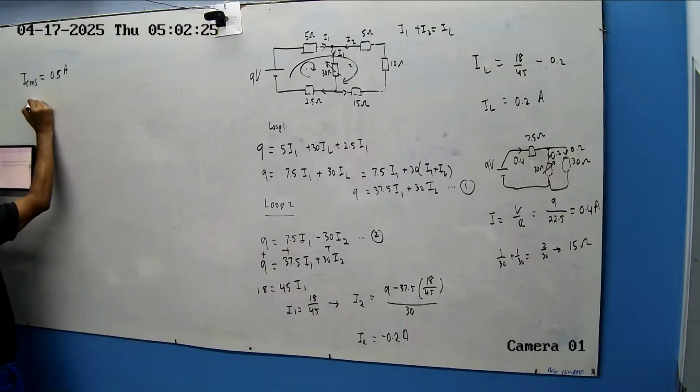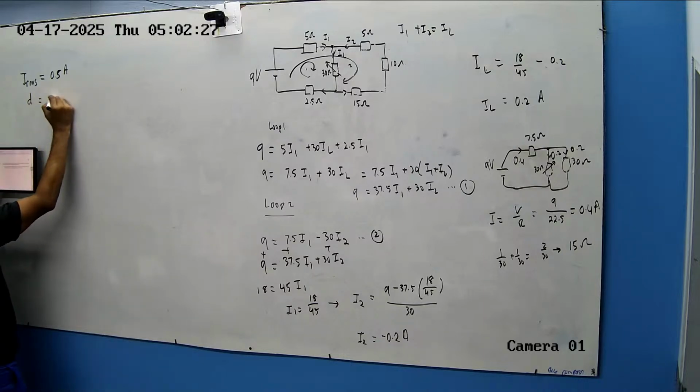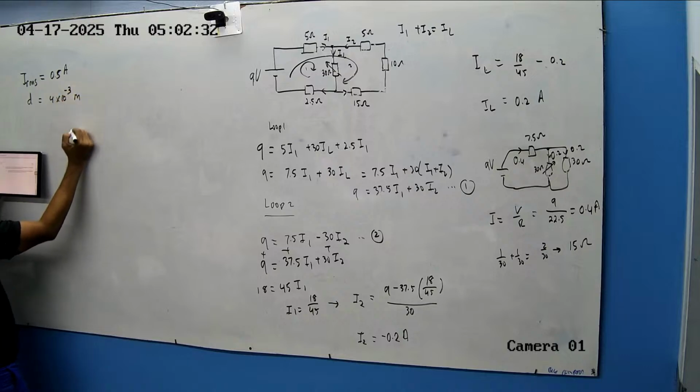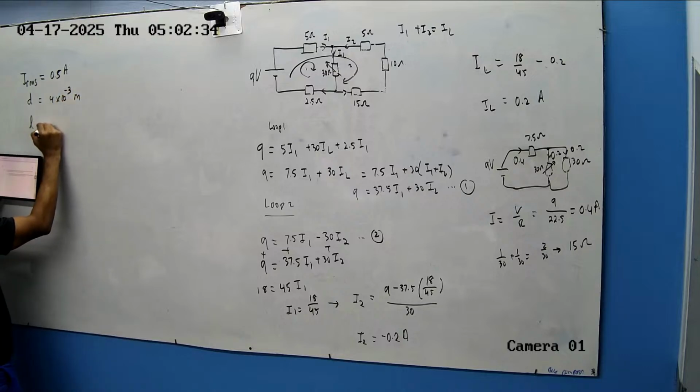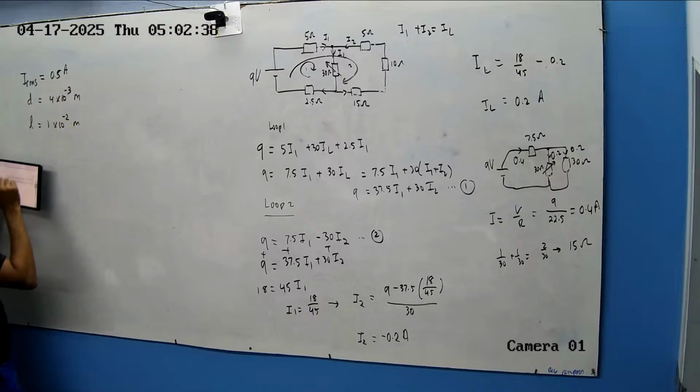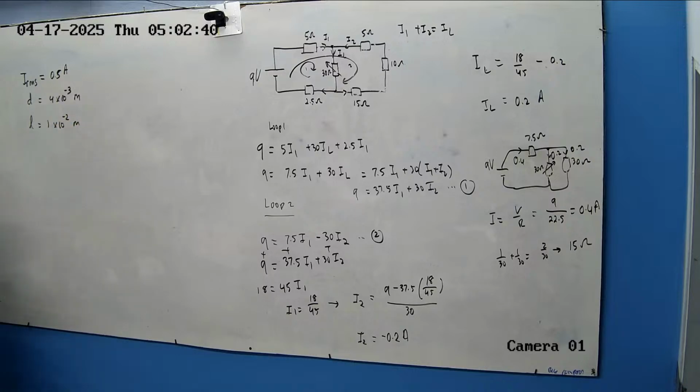Right, the question also gave you the diameter, which is 4 by 10 to the minus 3 meters. The question gave you the length, which is 1 centimeter. Same question, number 2, part C. Remember, we did A and B already. Part C we're doing, right? And give it 3 by 10 to the minus 3.